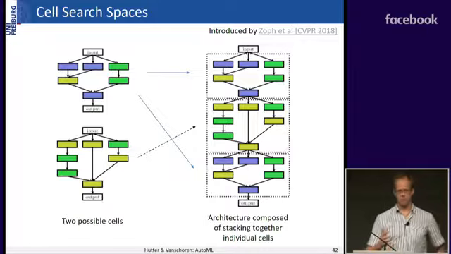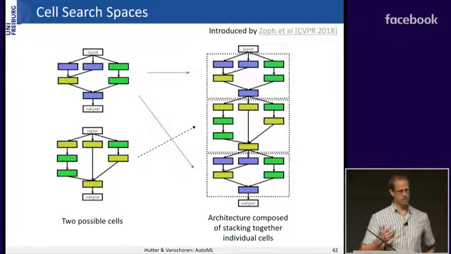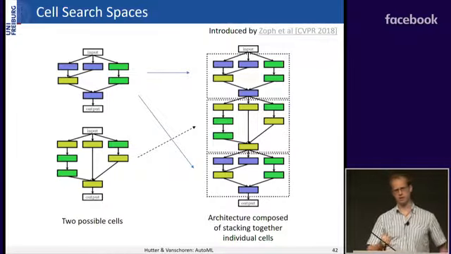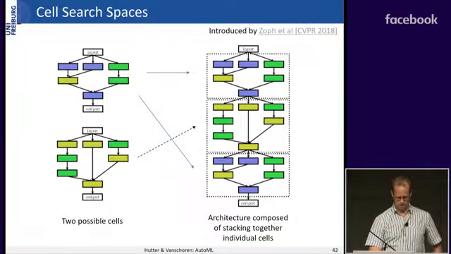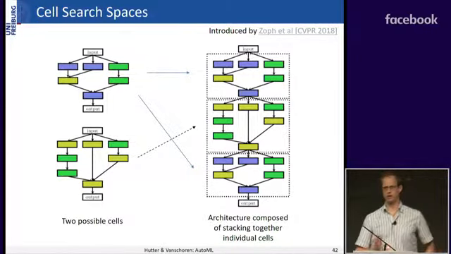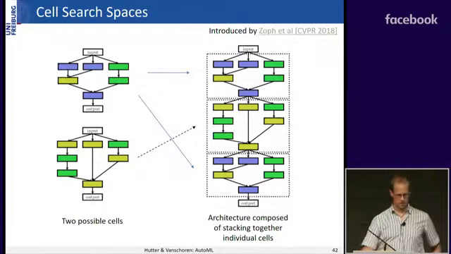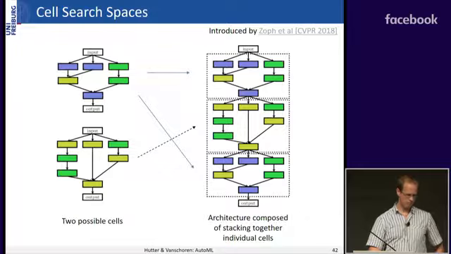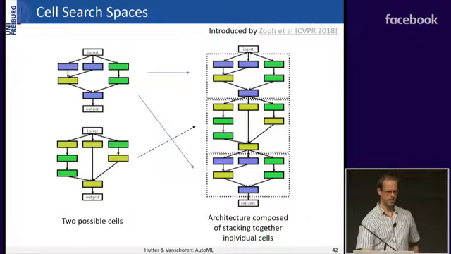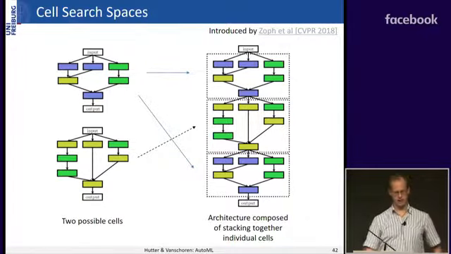Typically, people have 2 different cells, one regular cell and one reduction cell that reduces the spatial resolution of the image. And typically, this macro architecture here is just a chain structure. You could also think of doing a multi-branch or skip connections in this macro architecture. Nobody really does that, but the multi-branch and the skip connections are in these individual cells that you stack.